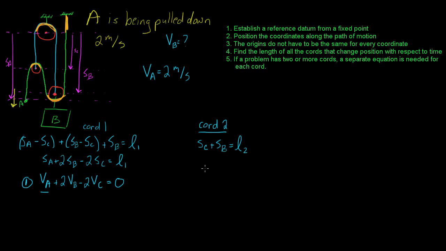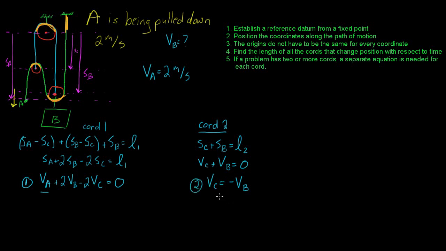So if we differentiate this with respect to time to get our velocities, we get VC plus VB is equal to 0. And right here we get VC is equal to negative VB. And this is our second equation.